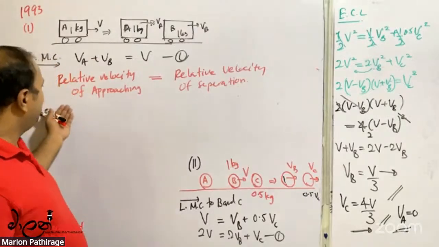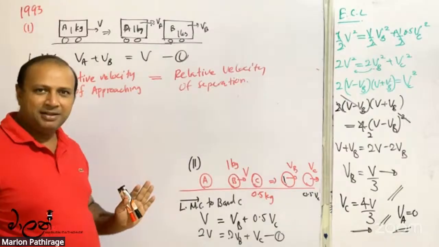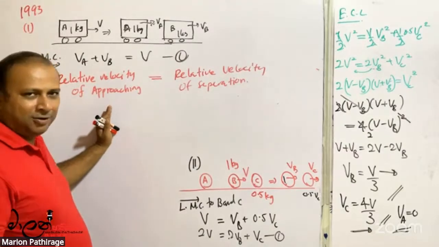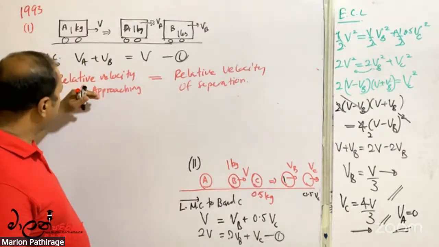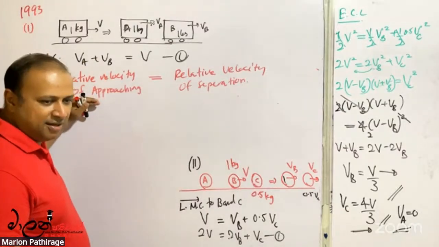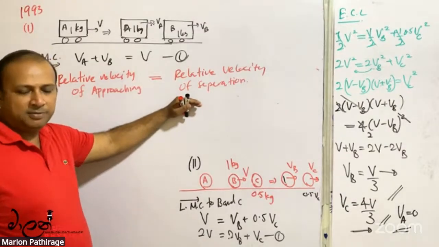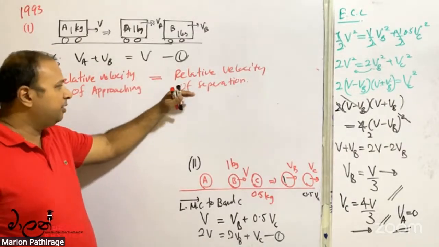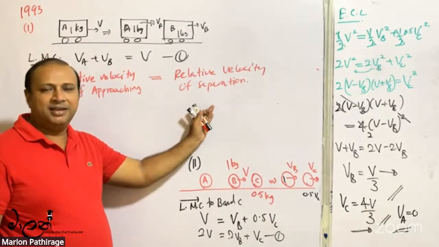Relative velocity of approaching is relative velocity of separation, but if you take relative velocity with respect to B first, when you take the relative velocity of separation, you have to take it with respect to A.